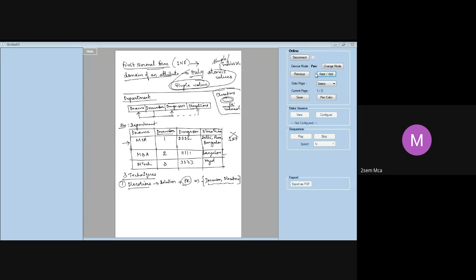So now let us see what will happen to my table. Department table is there. I have removed this D location. So now my table will look something like this: D name, D number, and then DMGR SSN. I have removed the D location attribute itself.